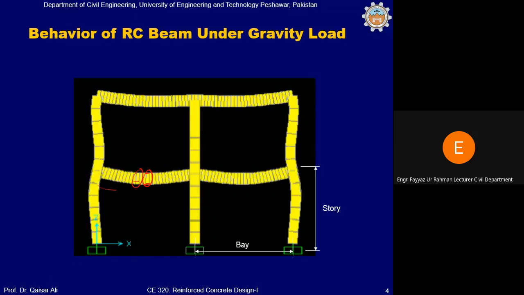So at the mid section there will be compressive stresses in the top and tensile stresses in the bottom.